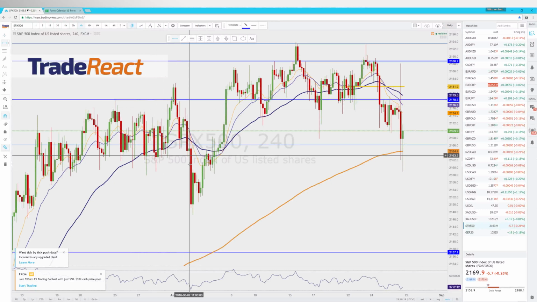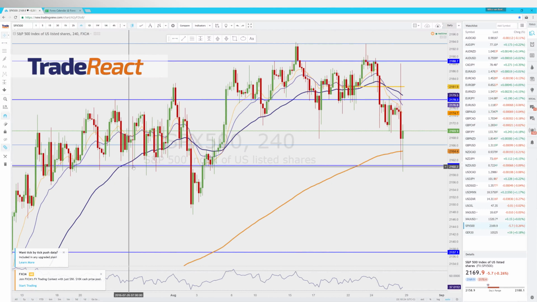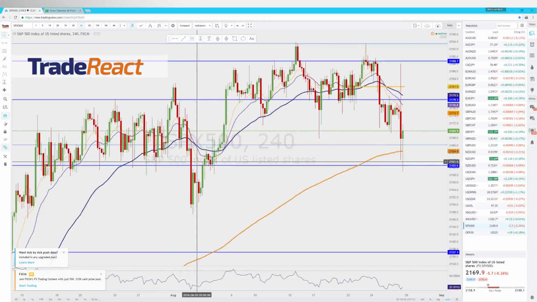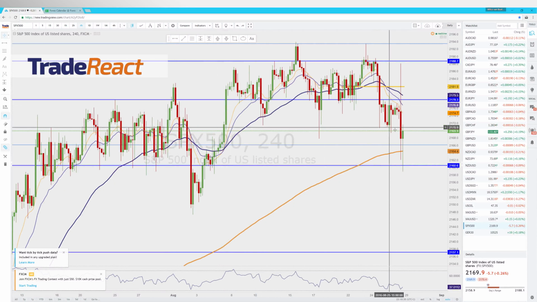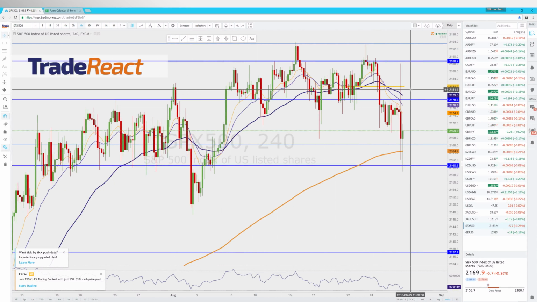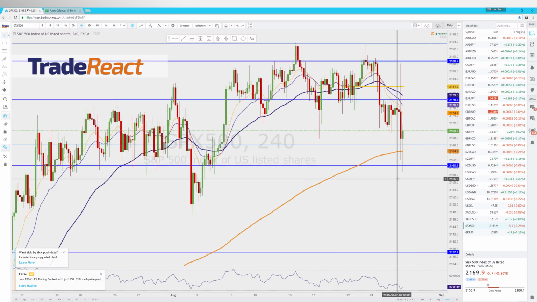We can draw those in to be a bit of help to us. As you can see, the price action level here and this recent rejection. So look at those levels, 2160, 2178, coming week, and see where we move from there.